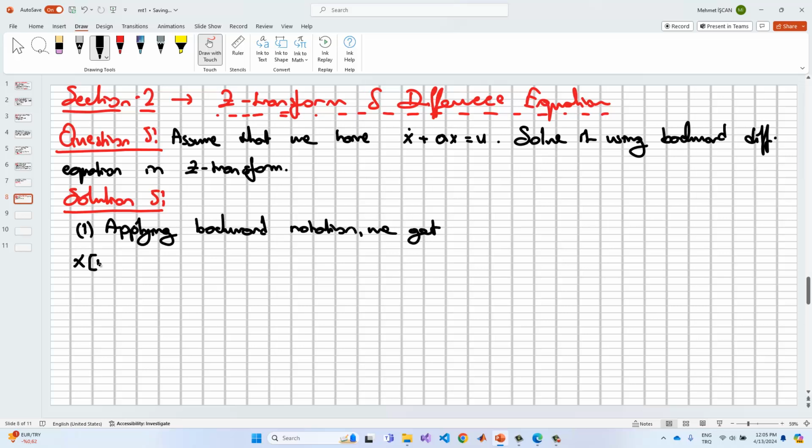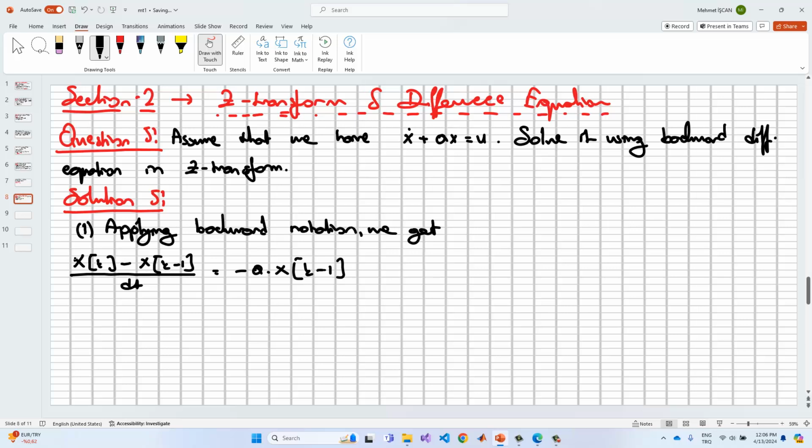x_k minus x_(k-1) divided by dt must be equal to the what? This is the solution of this term. x dot is equal to minus ax plus u, and we can write minus a x_(k-1) in the backward notation, because we have the past value in here.